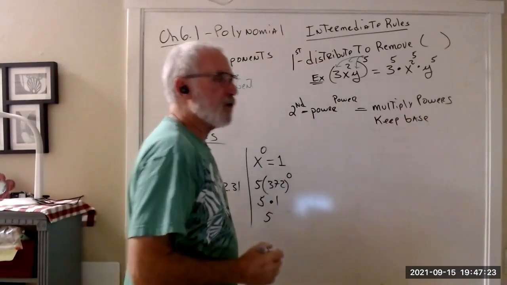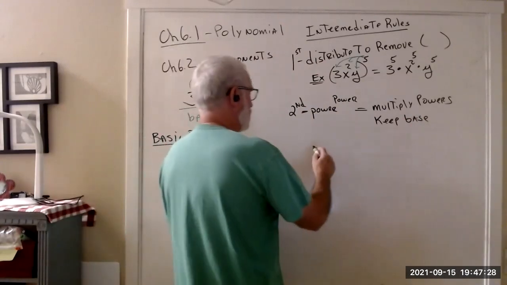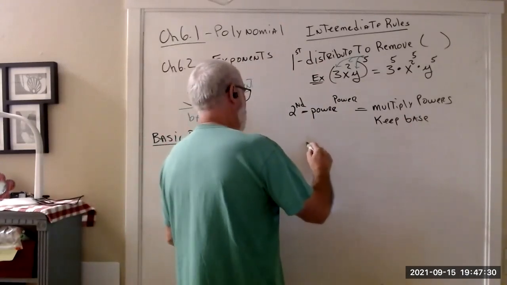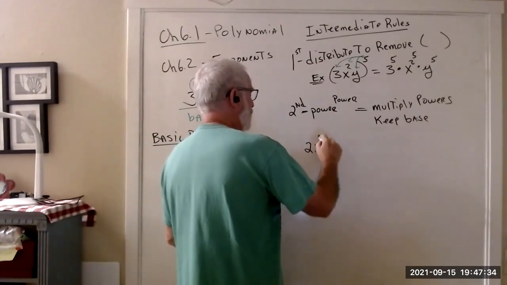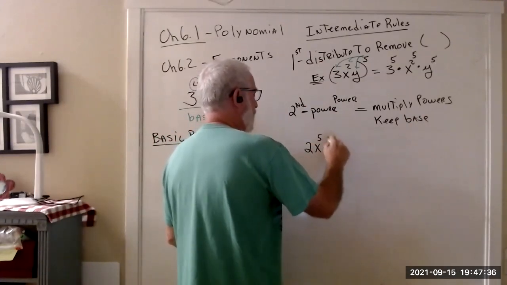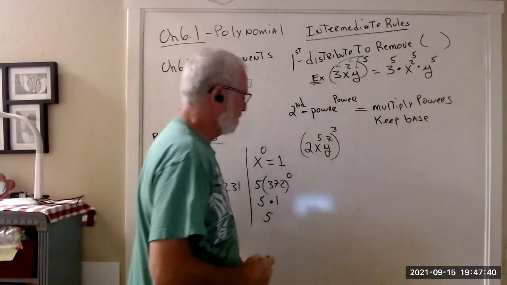So you scan your problem and you say, well, let's do this. Let's say I have 2x to the 5th, y to the 7th being raised to the 3rd power.